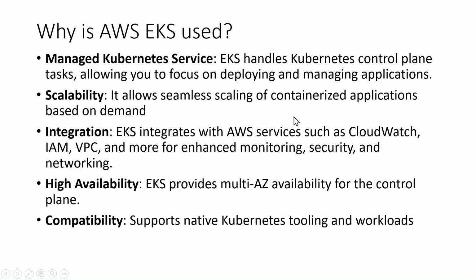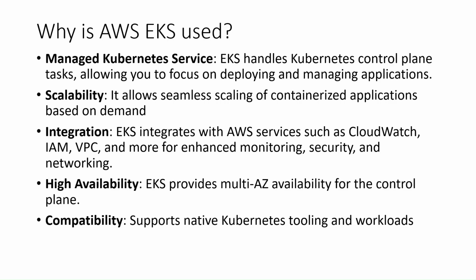The rest will be taken care of by AWS. Next is scalability. It allows seamless scaling of containerized applications based on demand. If there is huge traffic targeting your application, you require more underlying infrastructure and configuration, and by analyzing the traffic, it will scale up automatically.